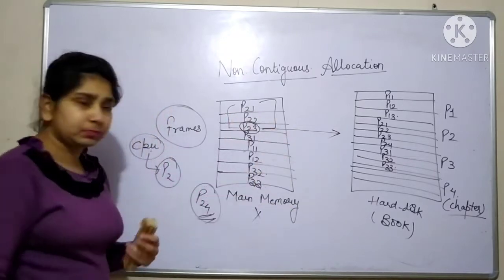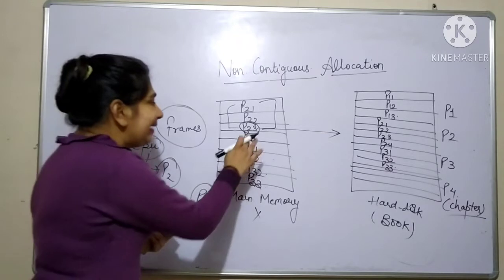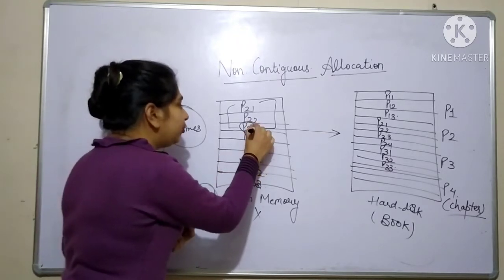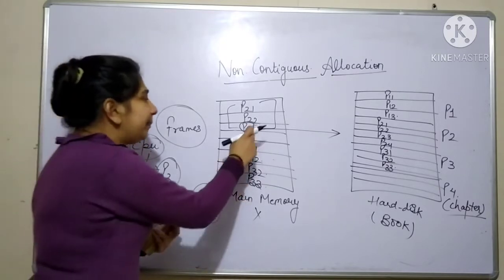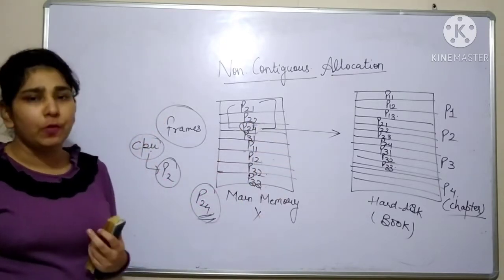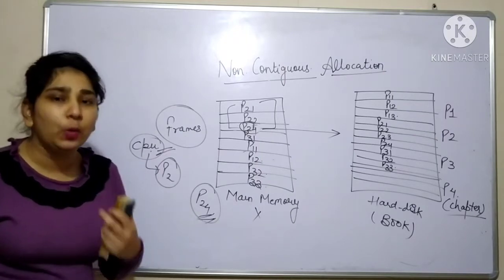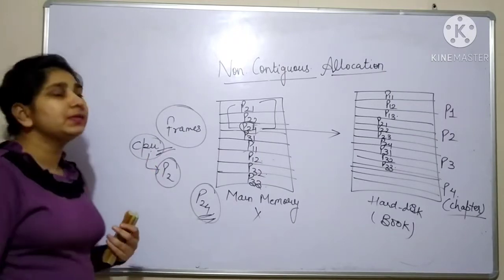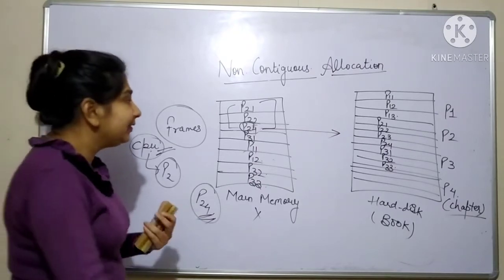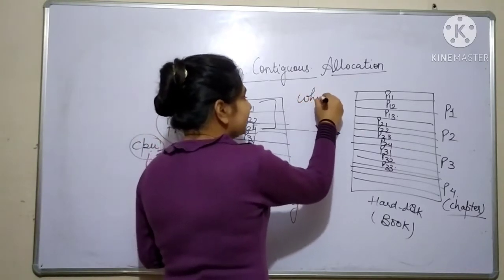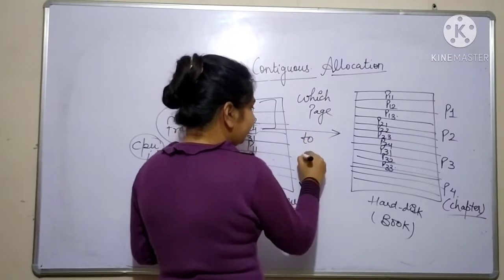I am going to push this page out of the main memory and keep page P24 here. I replaced page P23 with page P24, so that I can give the required instruction to the CPU. So it is a very important decision which page to replace.